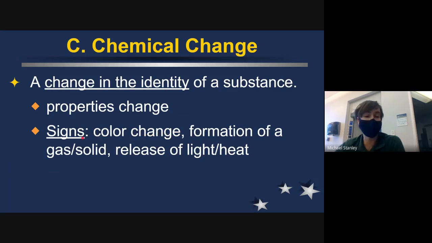So if the color of your chemical changes, and I don't mean like you add some purple Kool-Aid into the water and swirl it around and now the water is purple. That's not the kind of color change that I'm talking about. I'm talking about if you combine two different clear chemicals and then all of a sudden they turn blue. That would be a sign that, oh, something has changed. We have a new substance that wasn't there before.